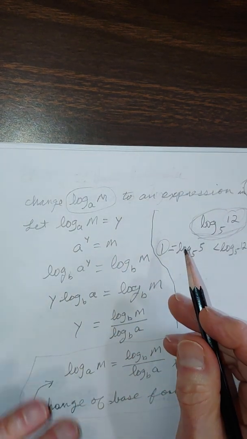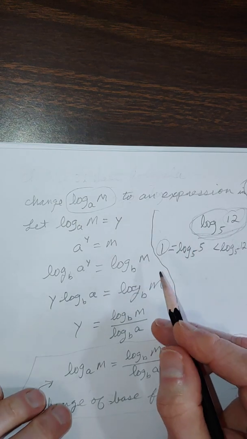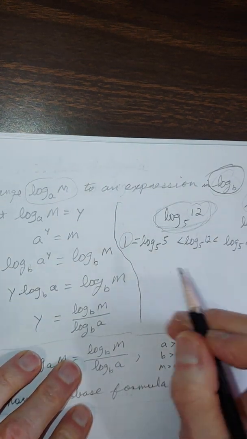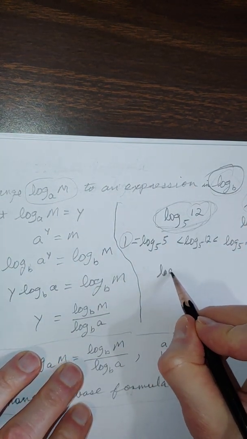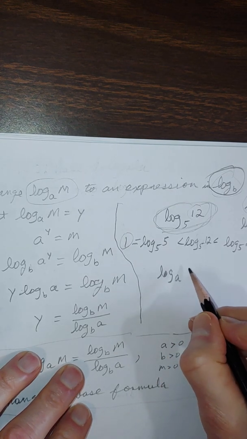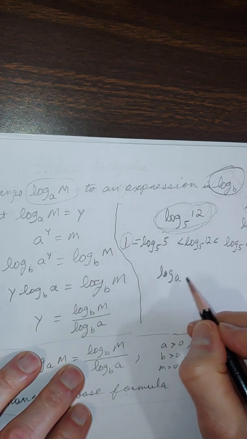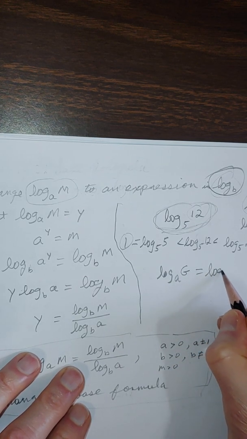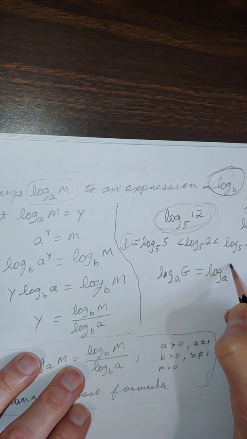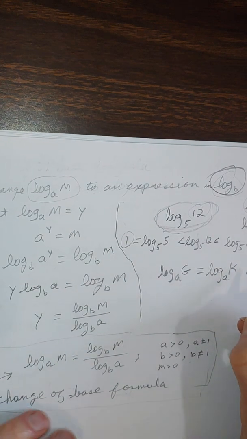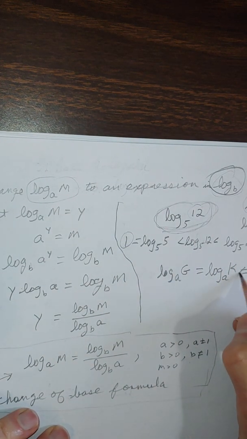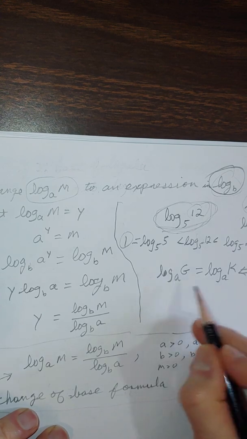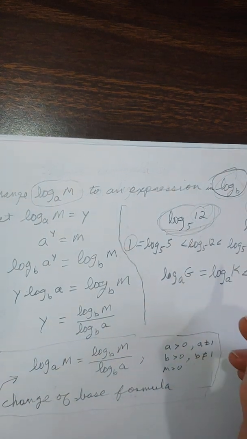Now, using some of those properties we talked about. By the way, this is true: if I have the log base a of g, and that equals the log base a of k, then the a has to be greater than 0 and not equal to 1, and g and k both must be positive.